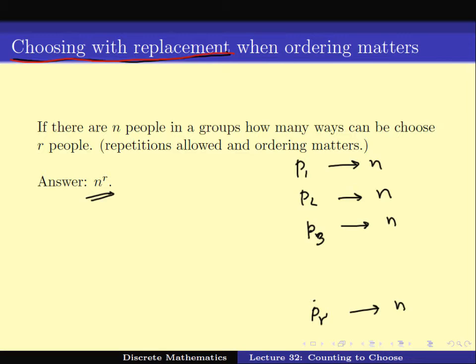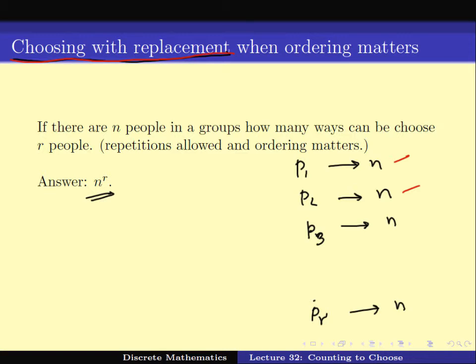I see someone's name, assign that person the first position, then I put the slip back into the basket so that I again have the option of picking that person, right? And I can draw one more slip and assign it to the next position.